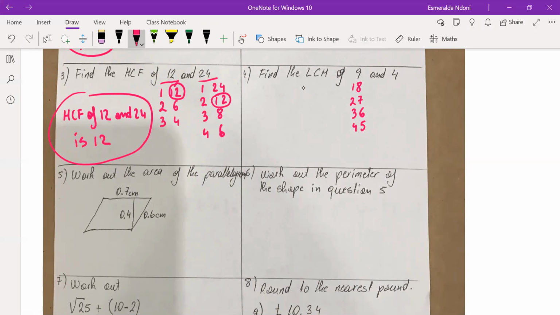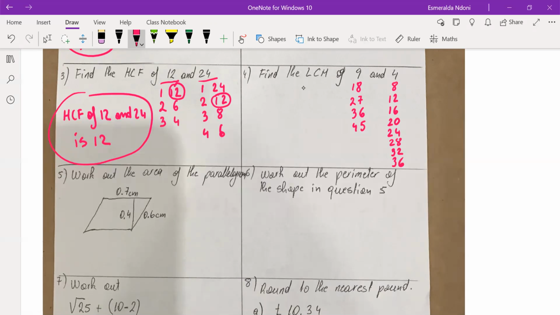I'm going to check the 4s. Times 1 is 4. Times 2 is 8. Times 3, 12. Times 4, 16. Times 5, 20. Times 6, 24. Times 7, 28. Then times 8, 32. Times 9, 36.